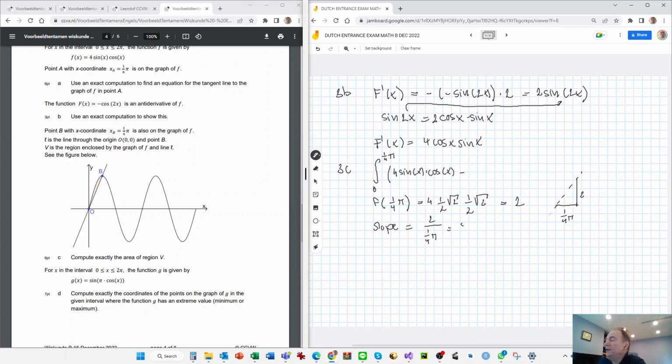So this is 8 divided by pi. That's the slope of the line, and since it's a direct relation, the line is just y equals 8 over pi x. So that is what we have here then. 8 over pi x, dx.